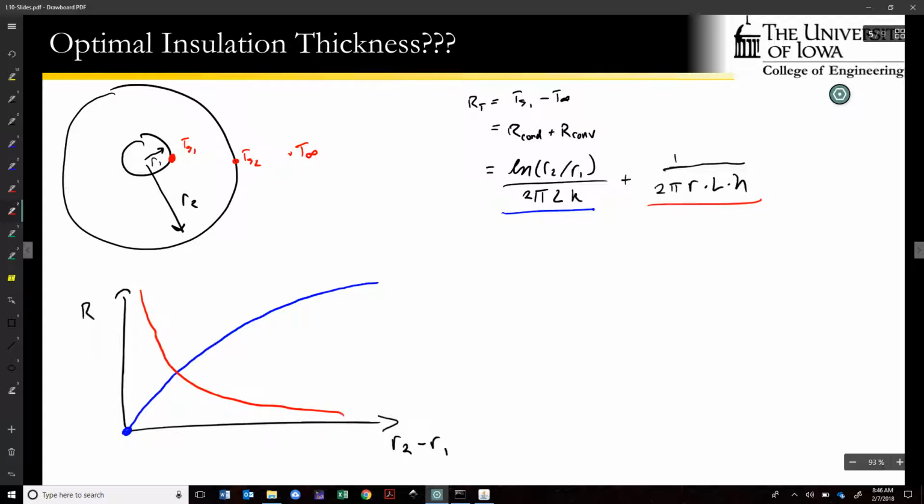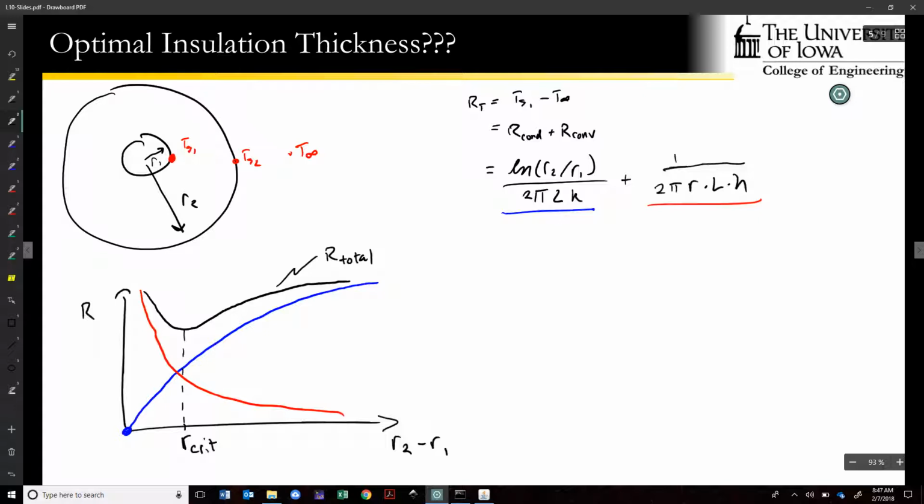And if we're adding these two effects together, then we're going to end up with something that looks like this. So this tells us that right here is a thing called the critical radius.